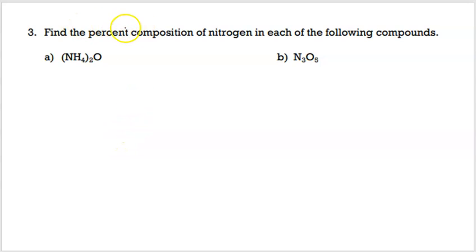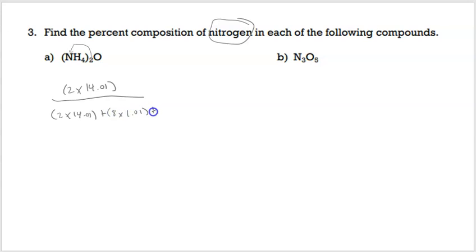And number 3, in this question we're going to find the percent composition of nitrogen in each of the following compounds. So again, the part that is nitrogen goes over the total. So the part that is nitrogen in this case would be 2 times the mass of nitrogen, 2 times 14.01, over the combined mass, which includes the nitrogen, plus 8 hydrogens, 4 times 2, plus 1 oxygen at 16.00.